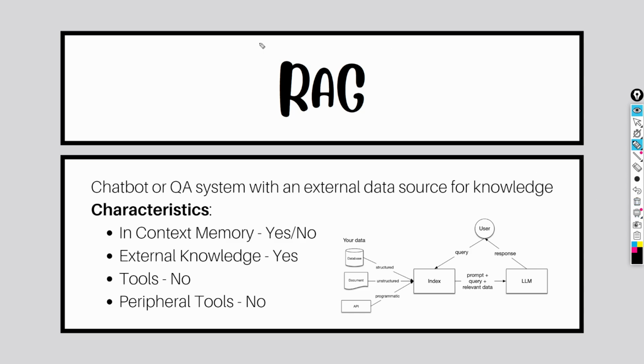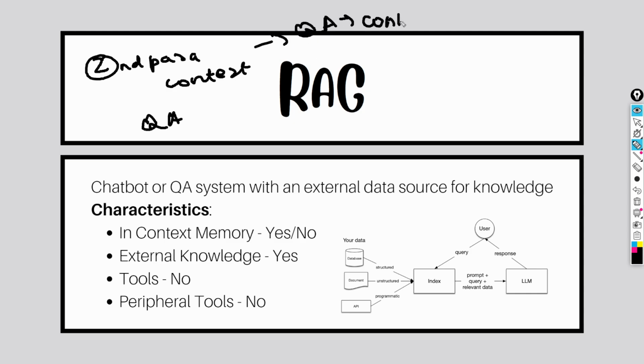So consider that those are paragraphs, and I'll just provide the second paragraph as context along with my question. Again, this is QA, but the context finding process is automated. Like I said, everything is built up from QA, and here RAG is just an extension where you find your context automatically.